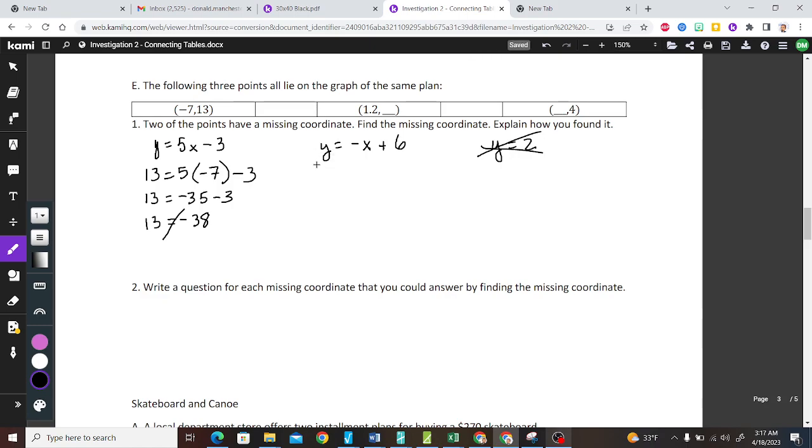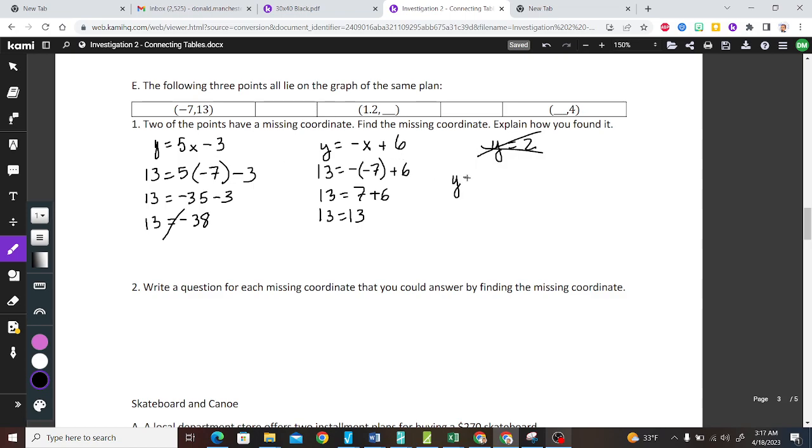Just to prove that point, 13 equals the opposite of -7 plus 6. The opposite of -7 is 7, so we have 7 plus 6, which indeed is 13. So now we can find the missing coordinate. So here we go.